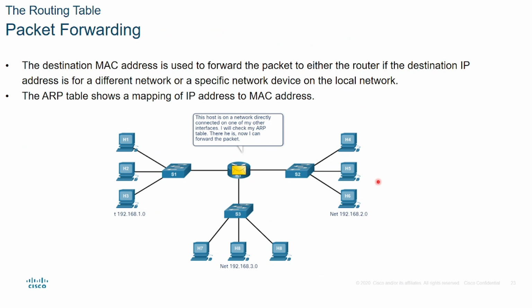Now, packet forwarding. The destination MAC address is used to forward the packet either to the router, if the destination IP address is for a different network, or to a specific network device on the local network. The ARP table shows a mapping of IP address to MAC address. Remember, ARP is the Address Resolution Protocol.